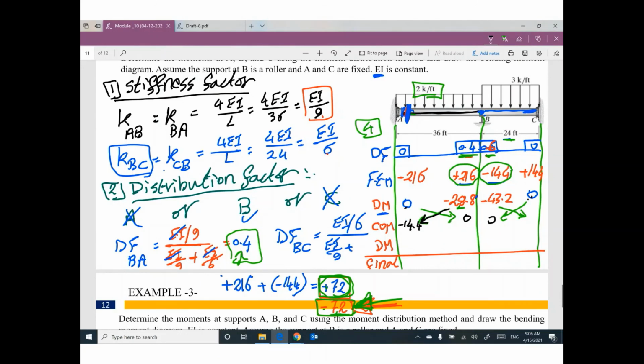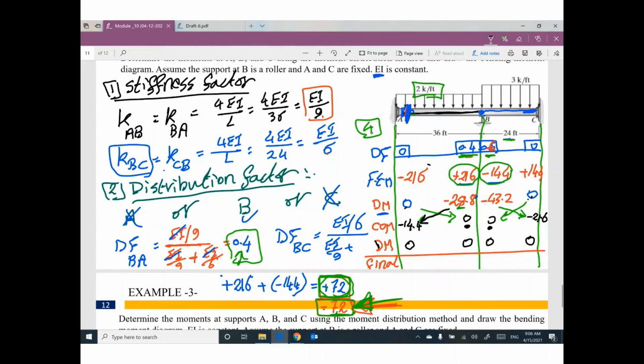Negative 43.2 will affect the other side by negative 21.6. Distribution moment, one more time. Do you have distribution here? No. Here? No. Then add this value plus this value 0. We will have 0 and 0.